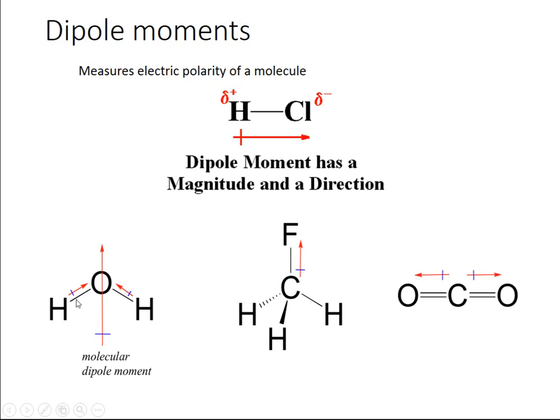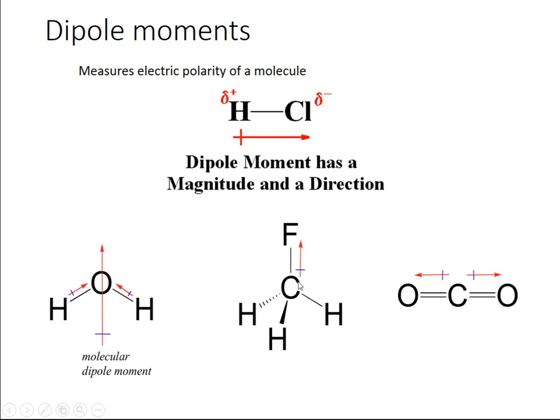When you combine the two movements, the dipole moment will point up here towards the oxygen. So this is the total dipole moment when you add this dipole and this dipole. So these are dipoles for individual chemical bonds, but this is the dipole for the total, for the whole molecule.